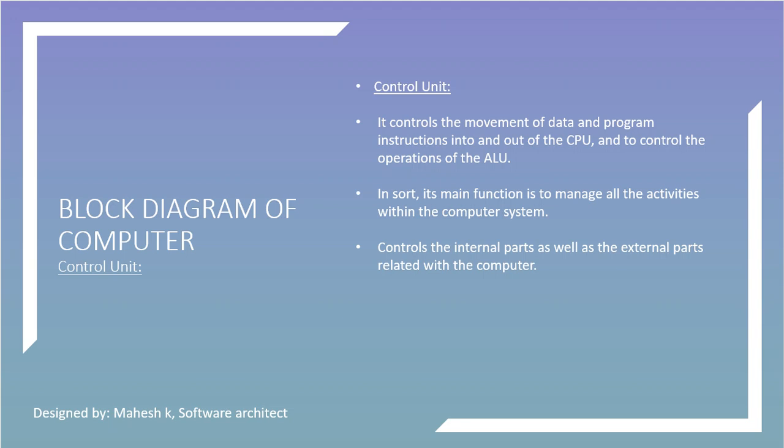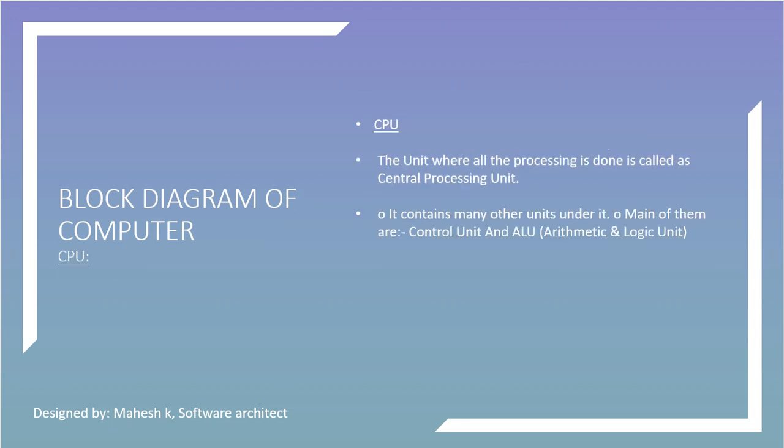For example, if we give some instruction, it will control where to send this instruction: the ALU, the input device, primary storage or secondary storage. So it controls in which area the data is to be processed, either ALU, primary storage, or output. It controls the internal parts as well as the external parts related to the computer. Okay, I hope it's clear.